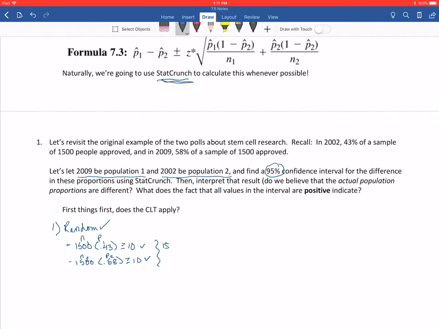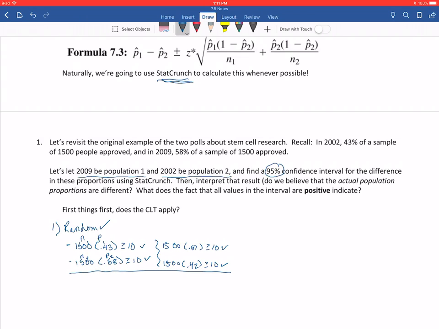So in addition to this, we have to check, if we take that 0.43 and we subtract it from 1, we get 0.57. Is that bigger than 10? And we have to do the same thing here: 1 minus 0.58 for sample 2. Are these all bigger than 10? Yes, they are. So it's a lot of checking.